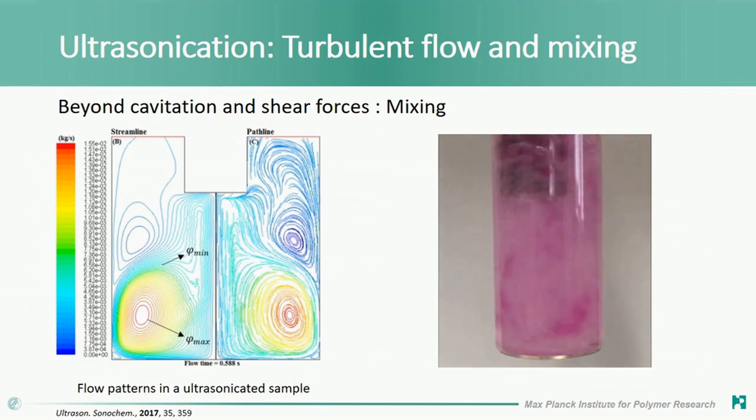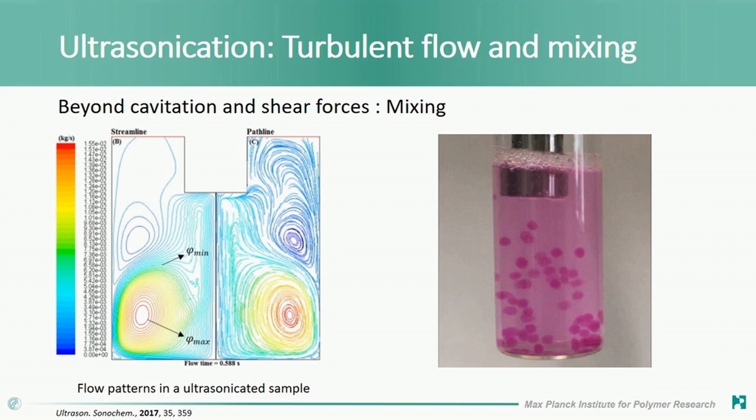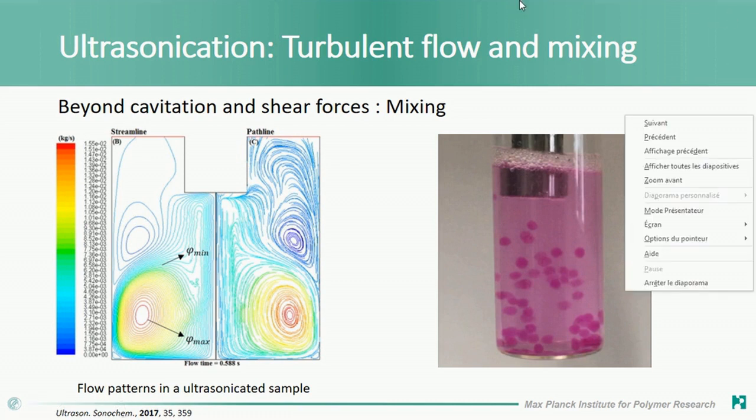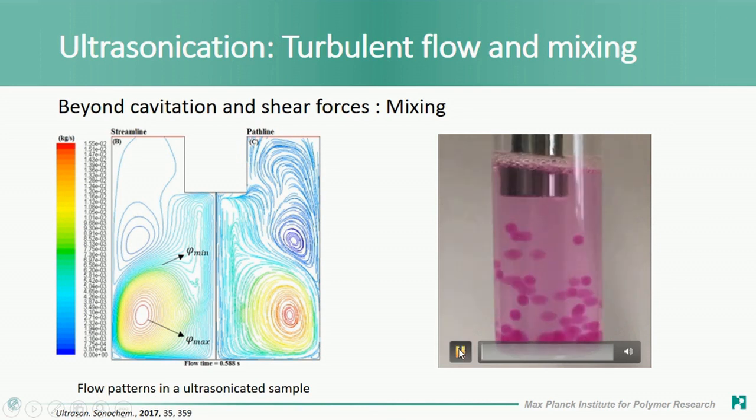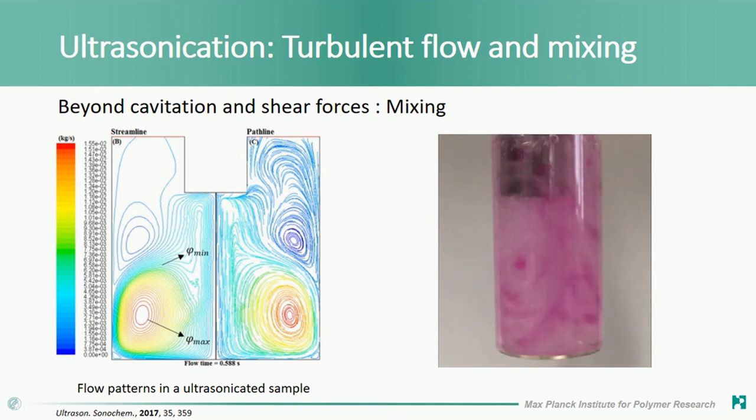So we don't only have cavitation during sonication, we also create turbulent flow, which could be used to mix. So here I'm mixing some large particles of agarose and water, and just when the ultrasonication is applied, it creates turbulent flow.